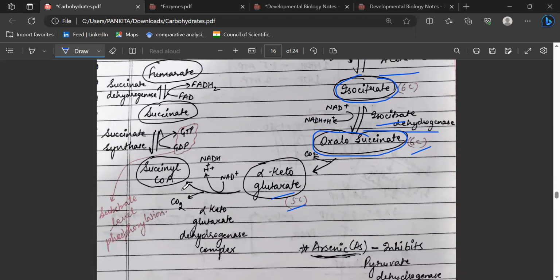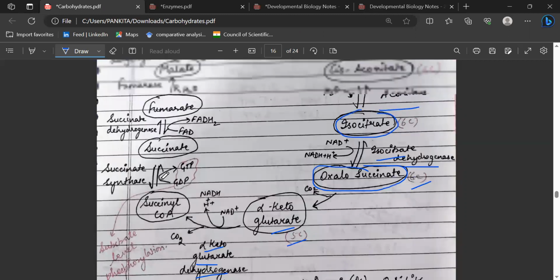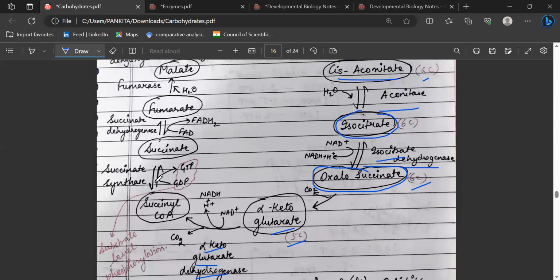Then from alpha ketoglutarate, through the action of the alpha ketoglutarate dehydrogenase complex, we have succinyl-CoA. From succinyl-CoA, by the use of 1 GDP and production of GTP, we have succinate by the action of succinate synthase.